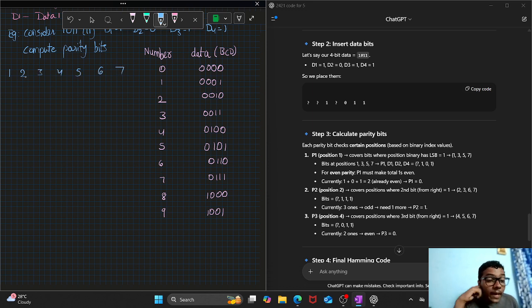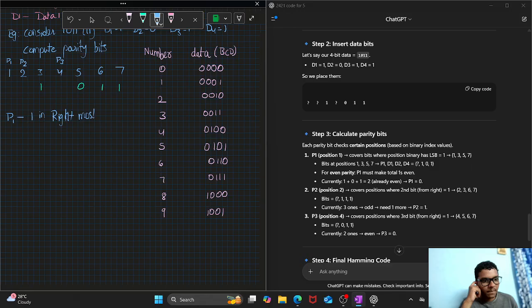1 2 3 4 5 6 7. This is a 7-bit Hamming code, and the data that was given to us is 1011, right? This is P1, this is P2, this is P3. And just put down the data 1011. Now let's compute P1. 1 in the rightmost bit.